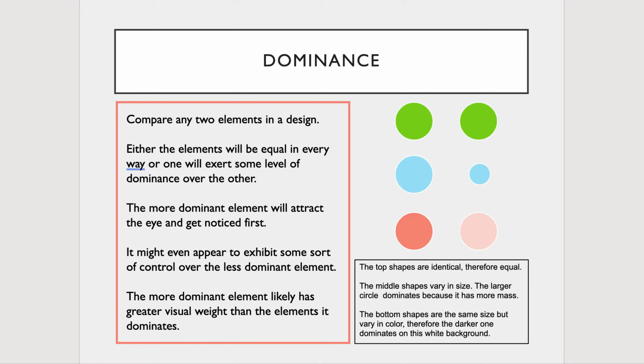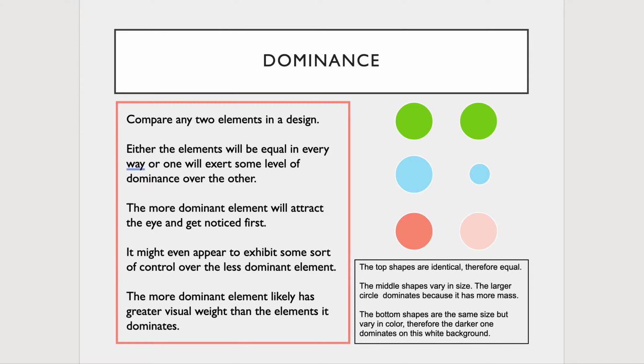If you compare any two elements in a design, you're going to see that they are either equal or one is exerting dominance over the other. The more dominant element is going to attract the eye and get noticed first. That's your focal point. That's your entrance into the composition, into the model, into the form, into the building.